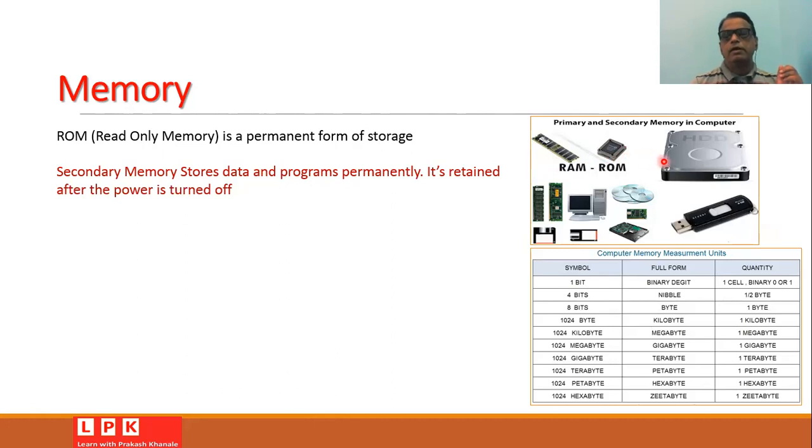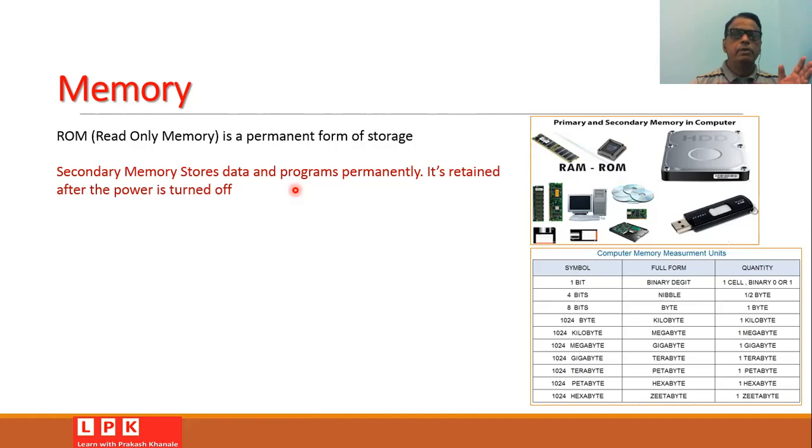And then these are the secondary forms of memory: hard disk drive, pen drive, optical disk, or floppy disk. All these are different forms of secondary memory. Secondary memory will store the data and the programs, and once you store them there, they will remain permanently. So you can say that they are a non-volatile type of memory.